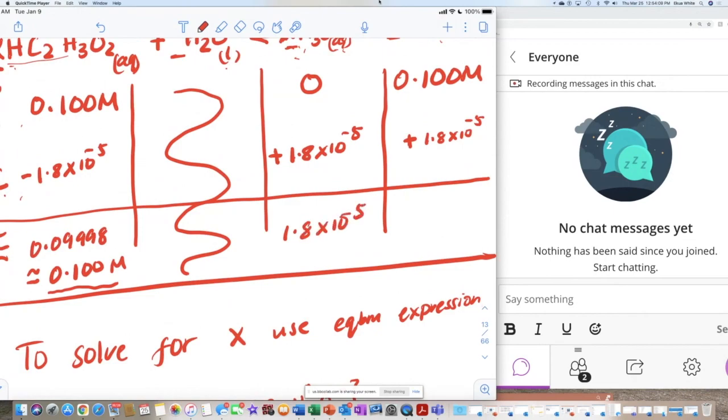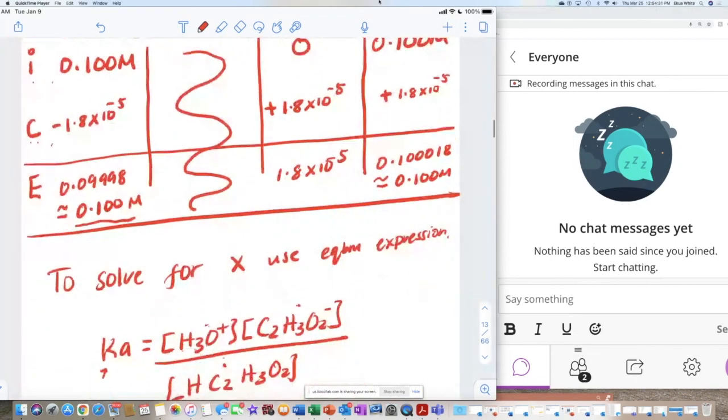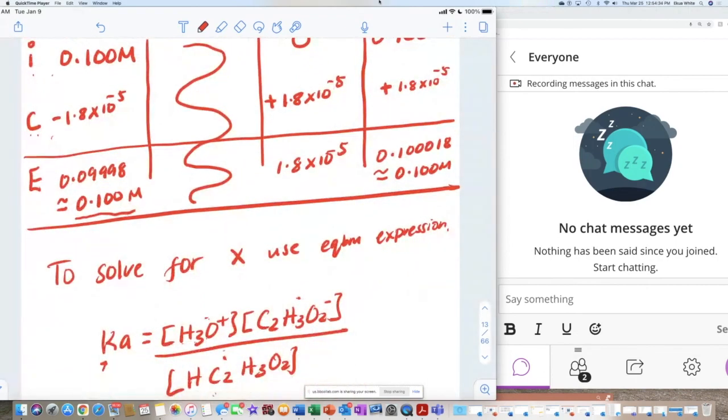Because it's 0 plus this number. The last one here on the right, 0.1 plus 1.8 exponent negative 5 equals 0.10018. Once again, this is too many decimal places. When you round this up, you end up with 0.100. Okay, this shows you why it's okay for us to round off those numbers.